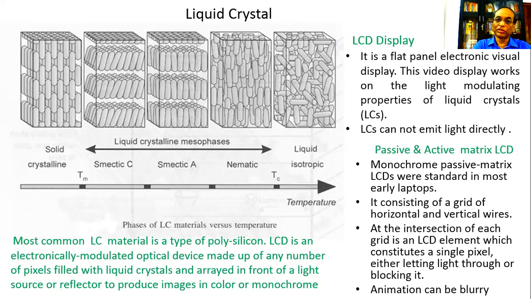So in the liquid isotropic phase, it is very much random. Before that also, it is getting slightly random, and previous to that, those are arranged and polarized. So this is the sort of liquid crystal orientation, and this orientation pattern changes with the temperature from Tm to Tc.